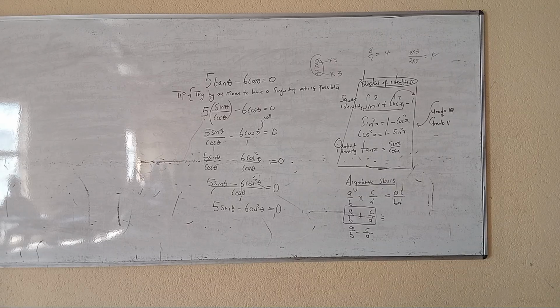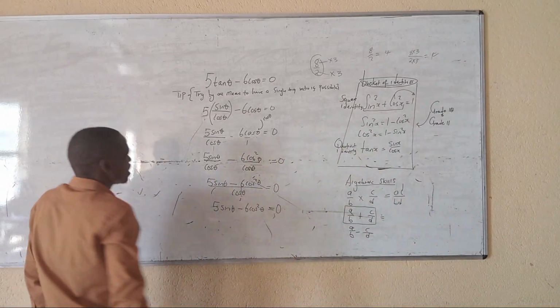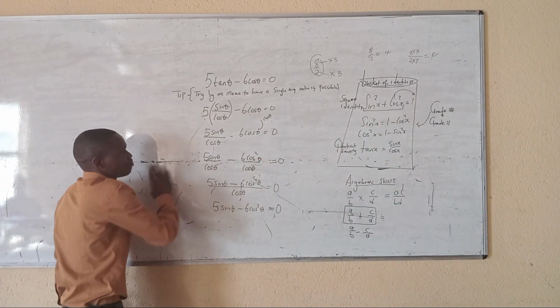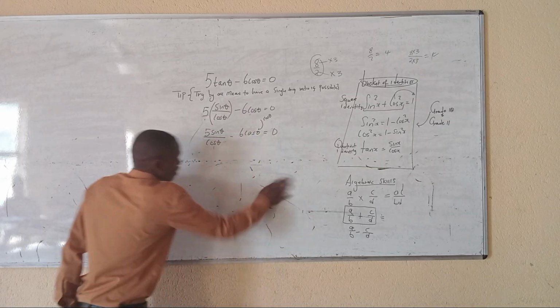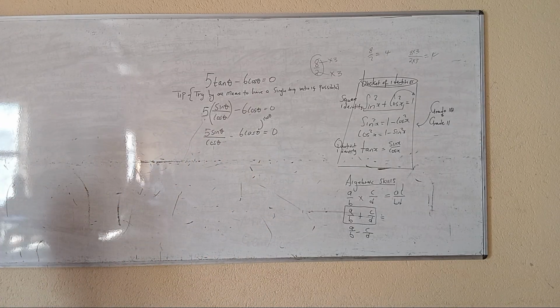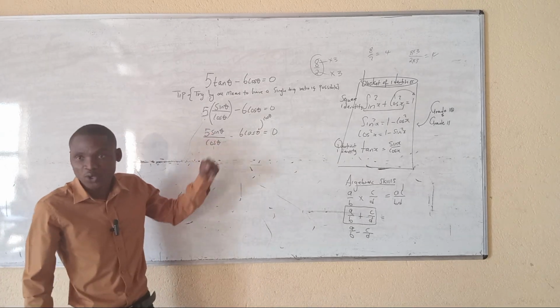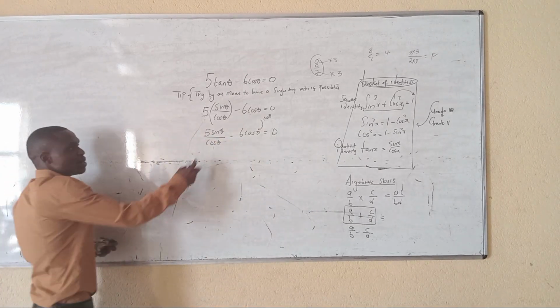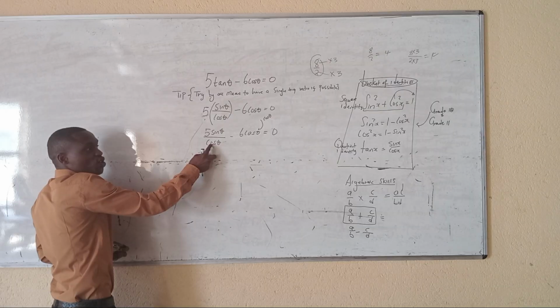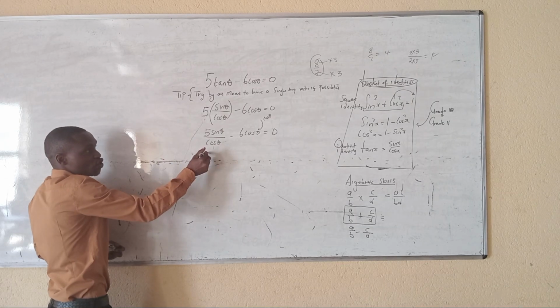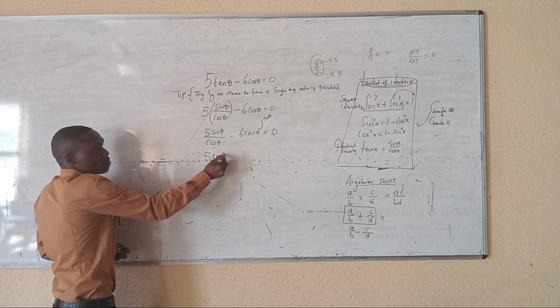Let me go back to that problem. You know what I want to do? I want to multiply every term now by cos theta. If you multiply 5 sine theta over cos theta by cos theta, you are going to be left with 5 sine theta.